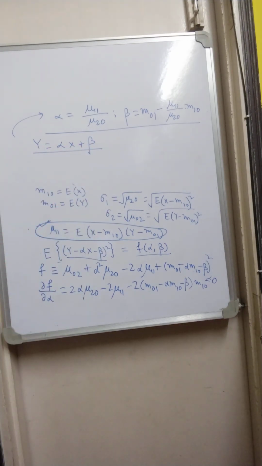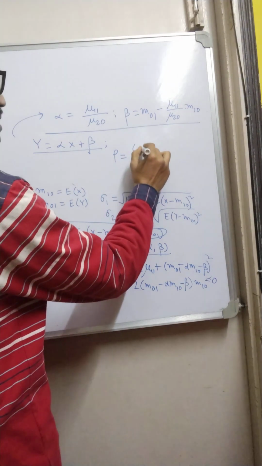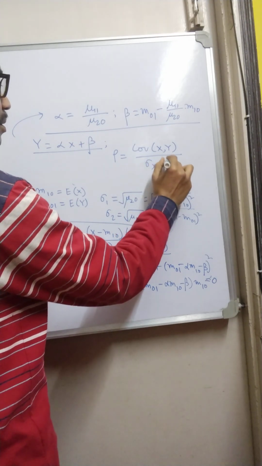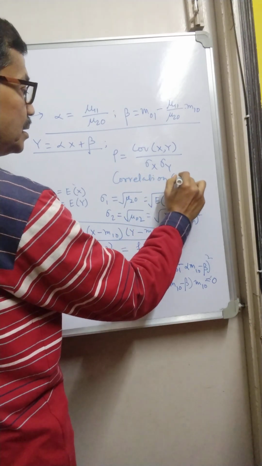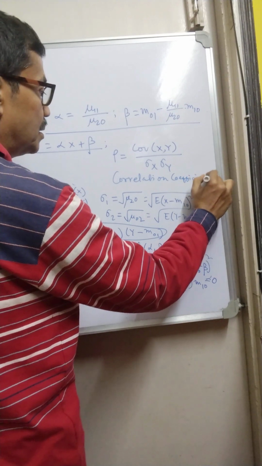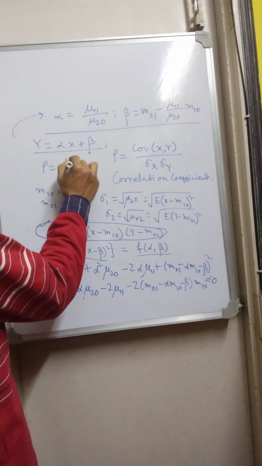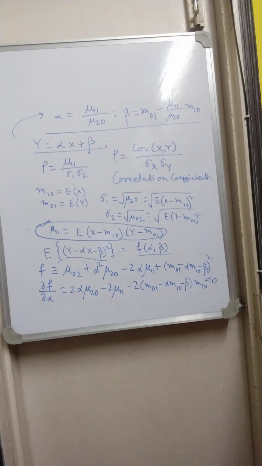Okay, now we can reduce this further with this concept of correlation coefficient, rho, which is covariance of xy by sigma x sigma y, we may write it as mu 11 by sigma 1 sigma 2.